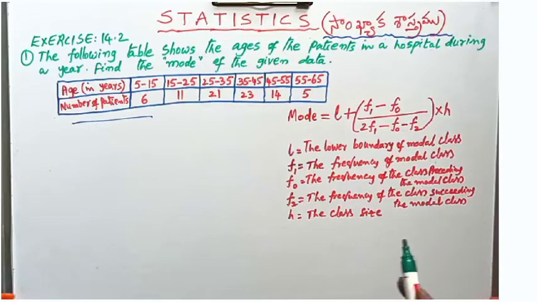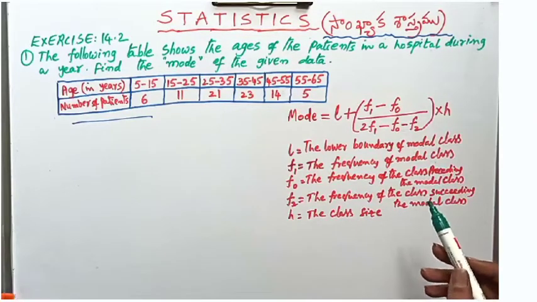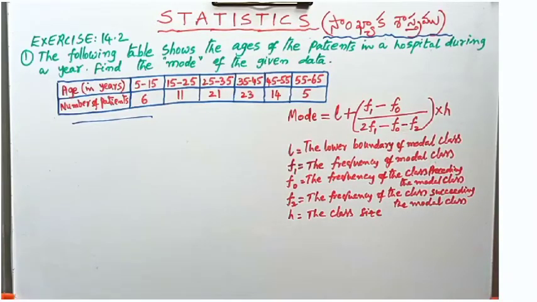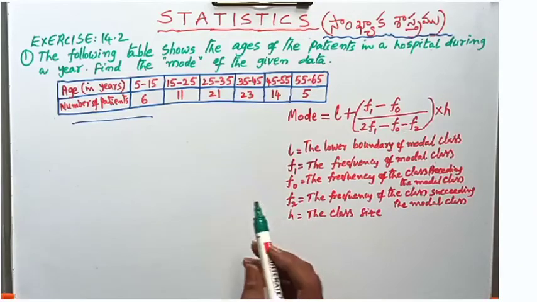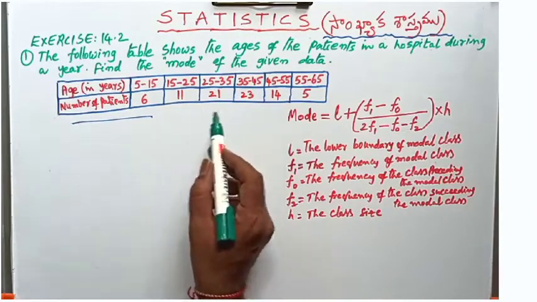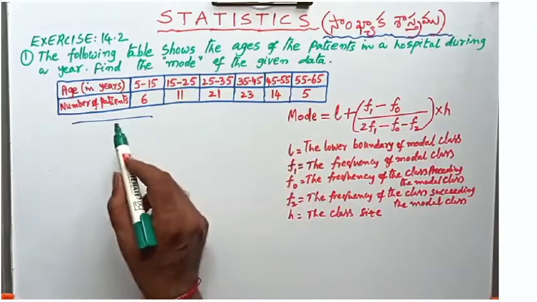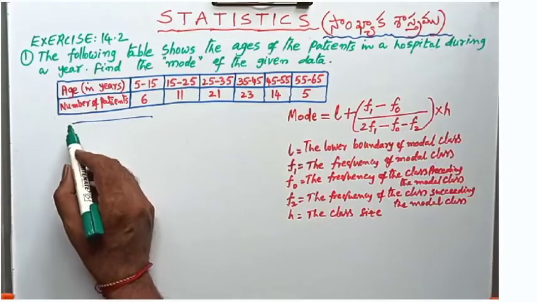Now in each term you have the modal class. So what is the modal class? The class with the maximum frequency is called the modal class. Now how to solve this problem? Let us see. First you draw the given table vertically.